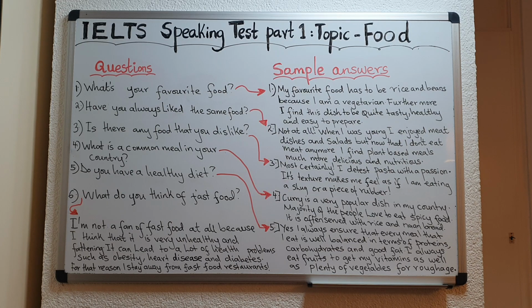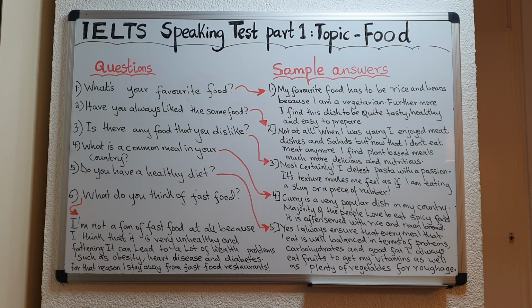Like, for example, I talked about rice and beans, vegetarian, dish, tasty, healthy, easy to prepare, meat dishes, salads, okay, plant-based meals, delicious, nutritious, okay, pasta, texture, okay, curry, spicy food, rice, naan bread, okay, well-balanced proteins, carbohydrates, good fat, fruits, vitamins, vegetables, roughage.